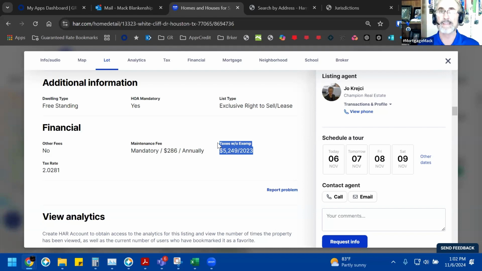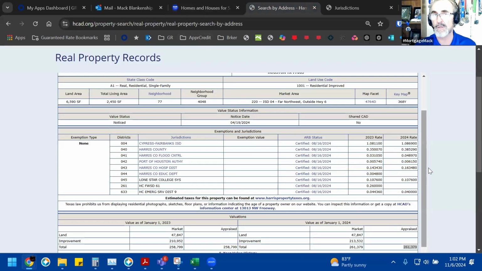So having a partner in the lending business who knows how to make these calculations is really important as a buyer's agent, so that your buyers are getting good information so they make good financial decisions. So let's dive into this, and I bet it's going to be significantly less than that amount.